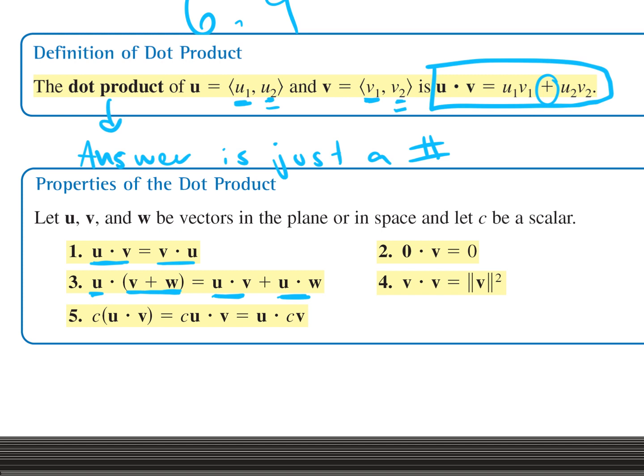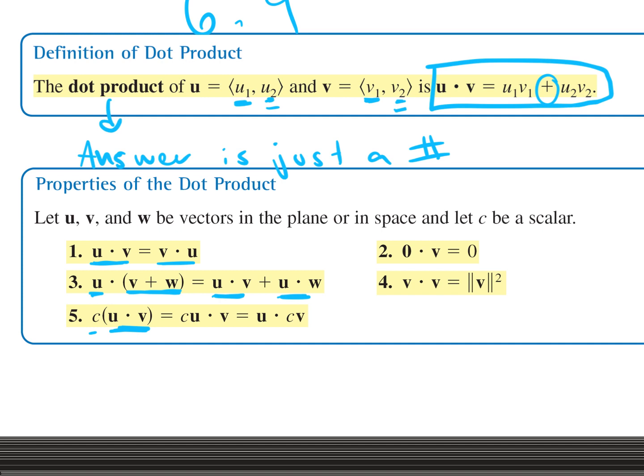If you were multiplying the dot product by a scalar, you could multiply the scalar to just one vector first, and then take the dot product. So either one. I would just say take the dot product first, then multiply your scalar. So just follow your order of operations. If you have parentheses, I would do that first.